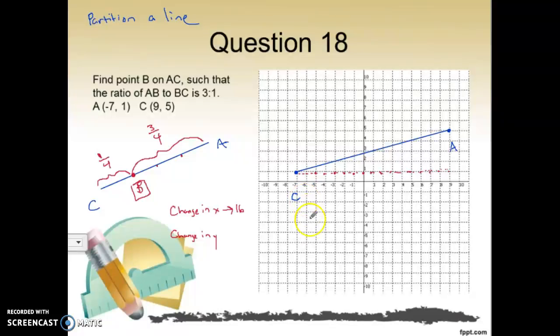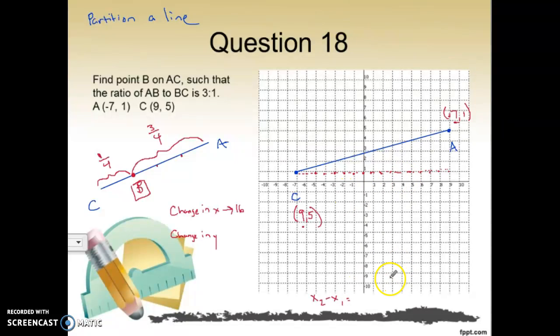I could have also looked at if C is at the point 9, 5, and A is at the point -7, 1. Then I could have just looked at the X coordinates and said X2 minus X1 equals that distance.